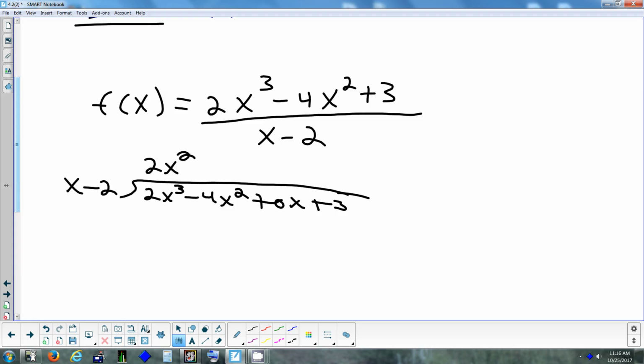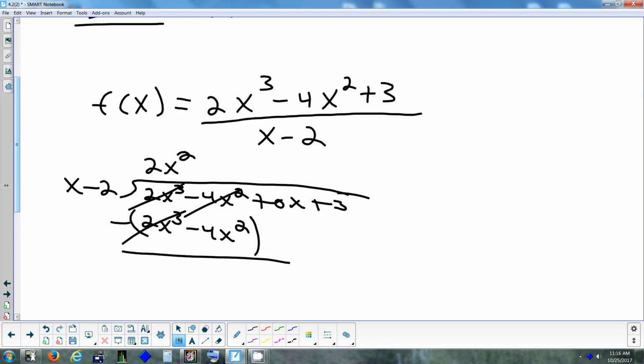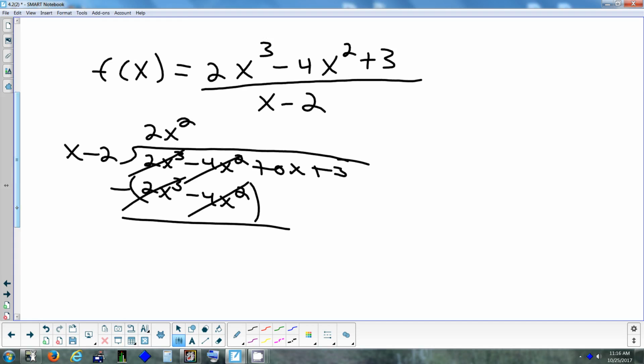Multiply it out. 2x cubed minus 4x squared. And subtract. 2x cubed are gone. Negative 4x squared minus 4x squared, that's gone too. So now we would bring down the next term.